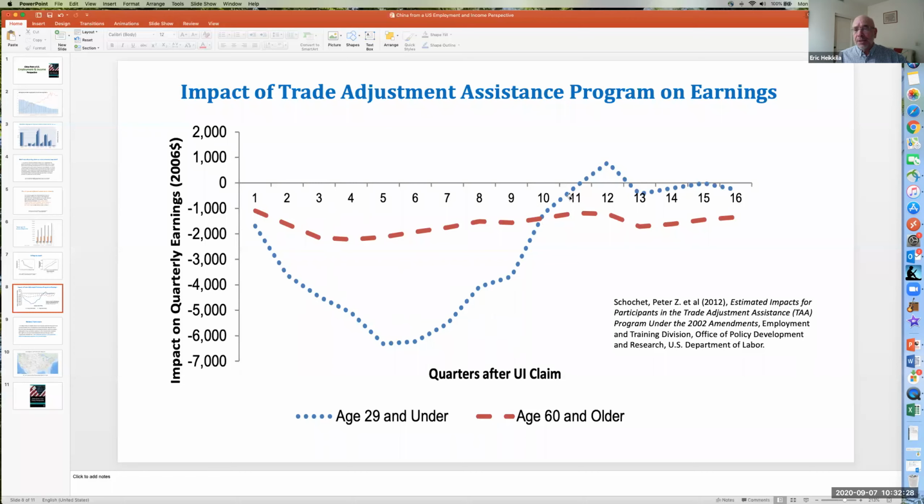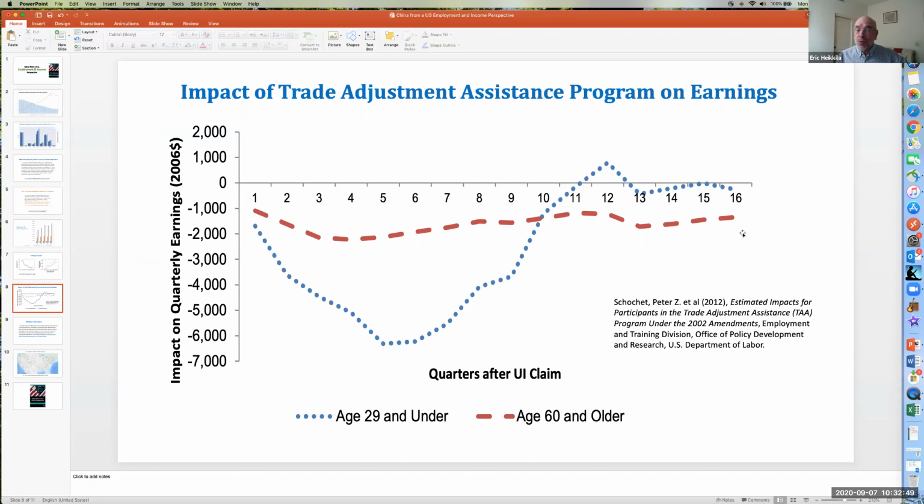And it shows that while incomes after the training do return to levels that are comparable with those who have not received the training, there's not a differential afterwards that would compensate for this short run loss.